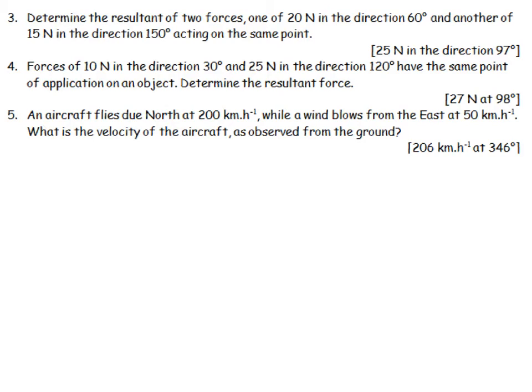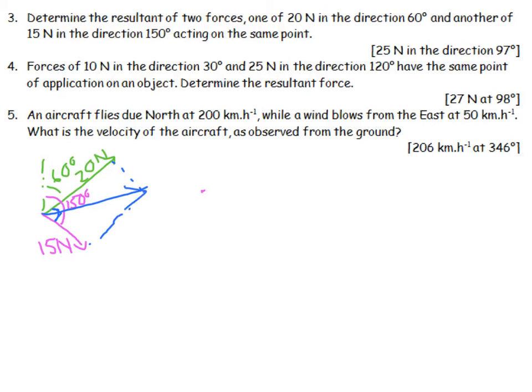Determine the resultant of two forces. One is 20 newtons in the direction of 60 degrees. The other is 15 newtons at 150 degrees. It turns out between 150 and 60 is a 90-degree angle, so I can now use any of my Pythagoras and my sine, cosine and tan rules.